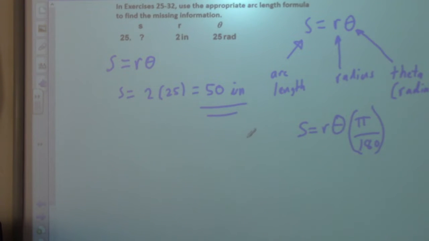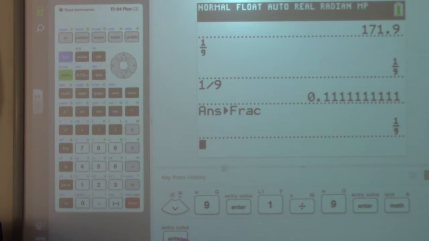Basically, what a radian is, pi radians is equal to 180 degrees. So if you take 25 radians, what's that going to be in degrees? Well, it's going to be 25 times about 57 point, I think it's 57.3.